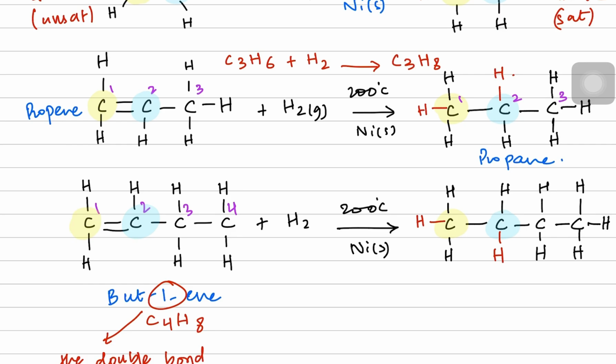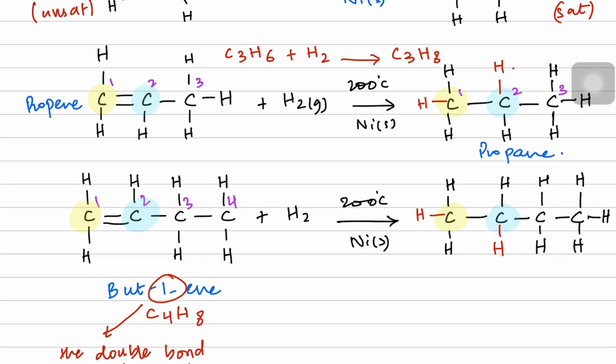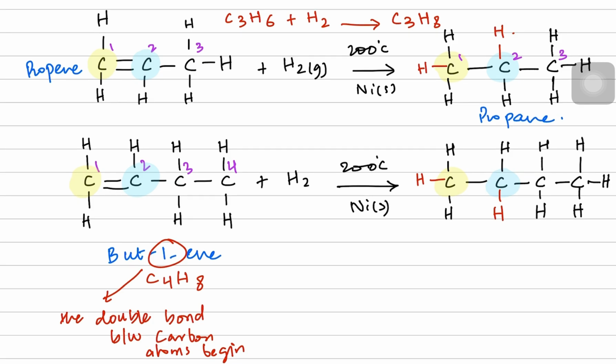They could be on the left side or right side, top or bottom, but you just draw one hydrogen on carbon 1 and another on carbon 2. That is your basic idea. So now you don't have butene anymore, you have a simple butane, which has a molecular formula of C4H10. So at the end of the day, C4H8 reacted with H2 and gave you C4H10 because that was an addition reaction in the presence of nickel.